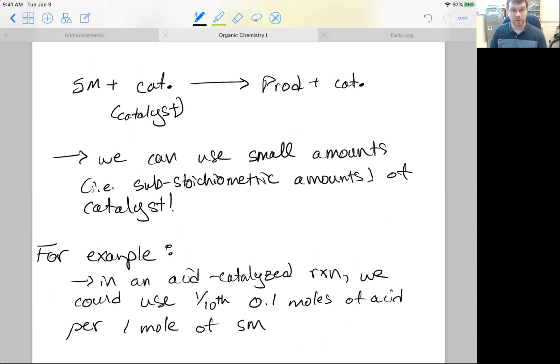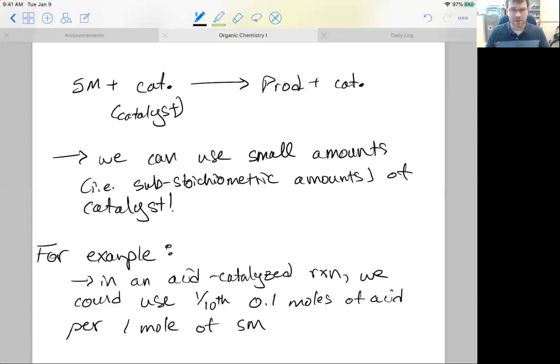That's wonderful, because acids, as you know, can be hazardous to work with. So if we set up a 1 mole reaction, which is a fairly big scale, let's say we've got a big liter of starting material and we want it to go into product. We don't have to add a liter of catalyst. That is, if we have 1 mole of starting material, we don't have to add 1 mole of catalyst to get it all to product. We could add 0.1 moles, a much smaller amount.